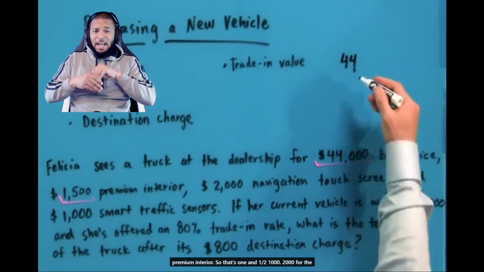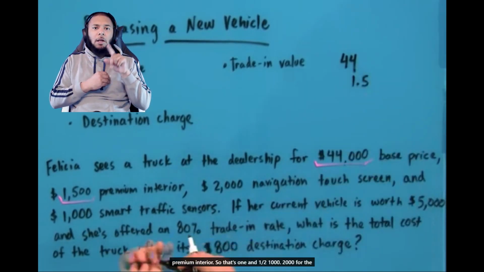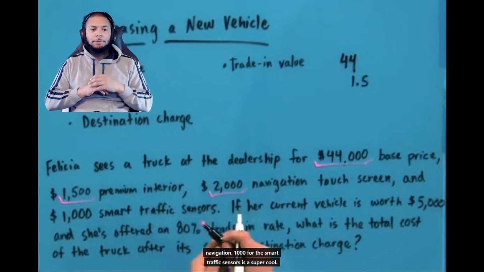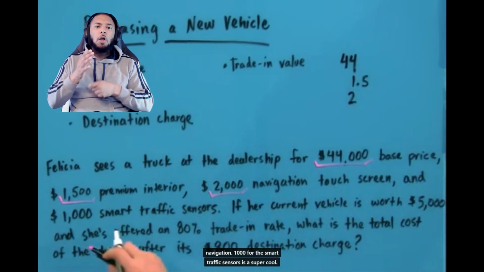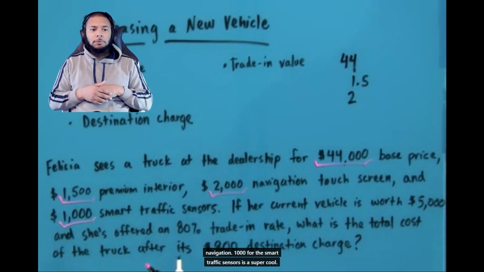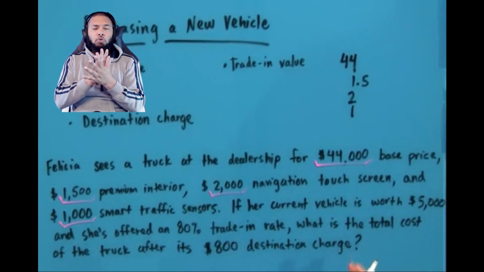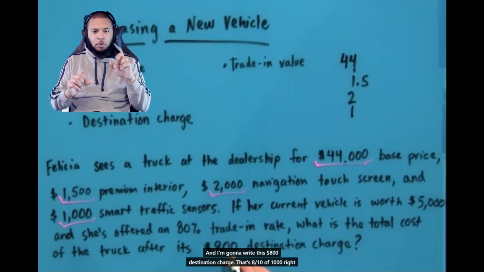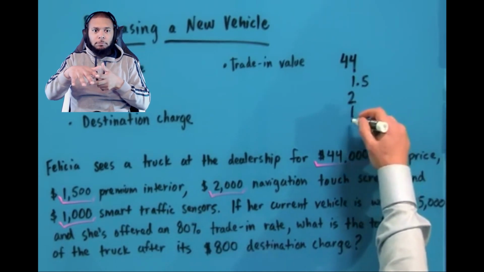So that's 1.5. $2,000 for the navigation. $1,000 for the smart traffic sensors. Those are super cool. And I'm going to write this $800 destination charge. That's 0.8 of $1,000. All right, so 0.8.